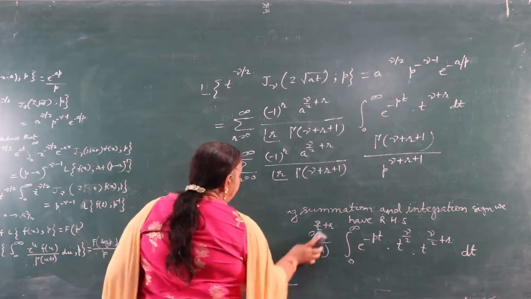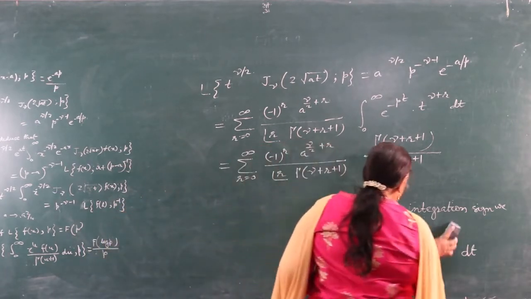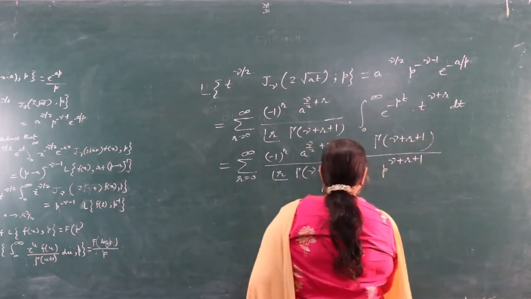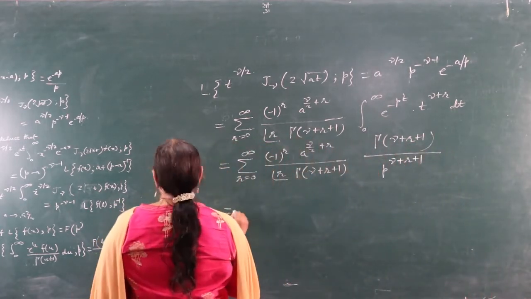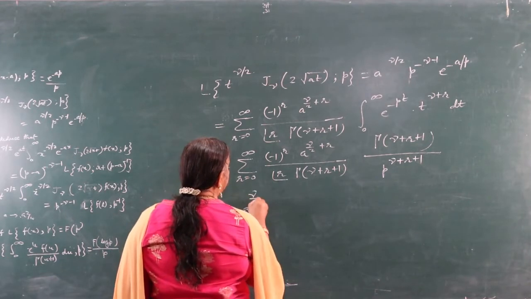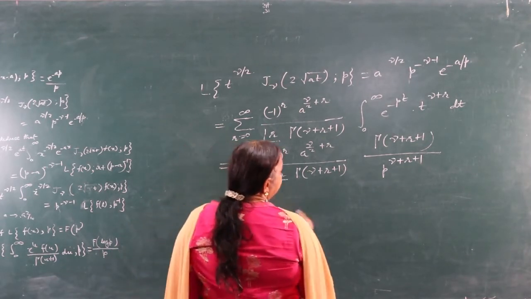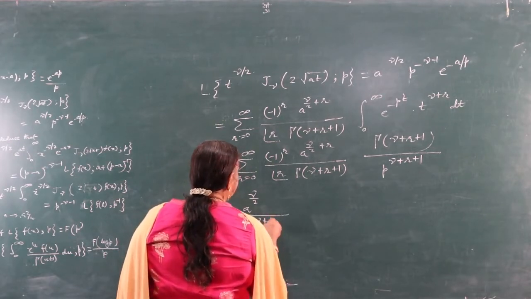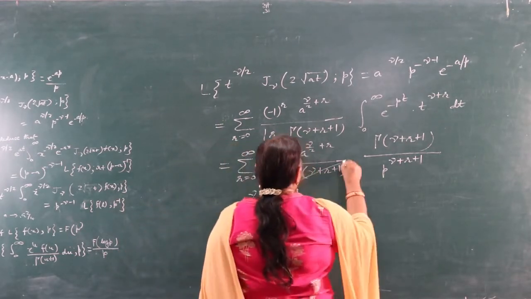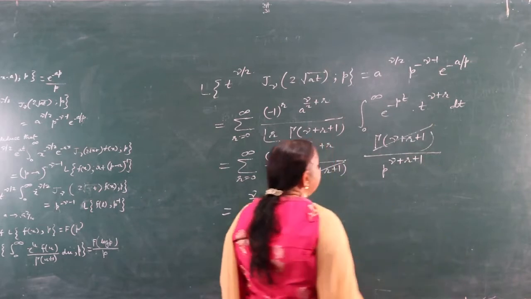जिन टर्म्स में r नहीं है उनको हम summation sign से बाहर ले लेंगे. So this will be equal to a raised to power nu by 2, we can take it out, and p raised to power nu plus 1, and this will be cancelled.